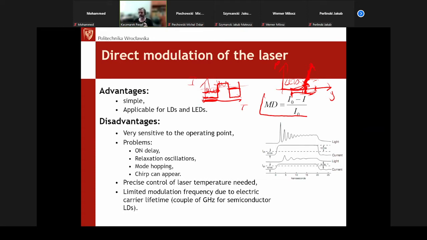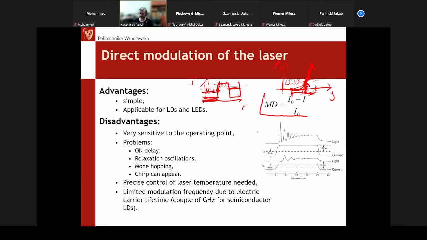So this extinction ratio for the modulation is an extremely important parameter to have as high as possible, because it also increases the immunity to noise and other things.